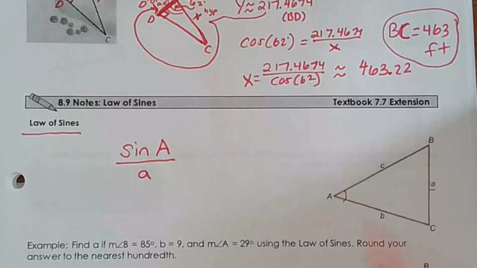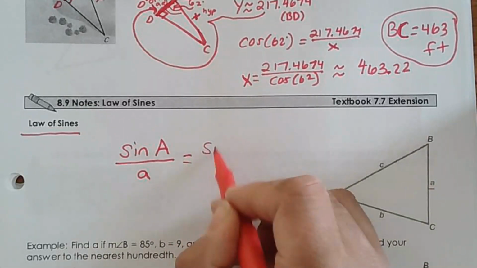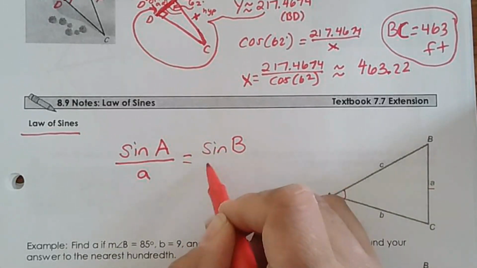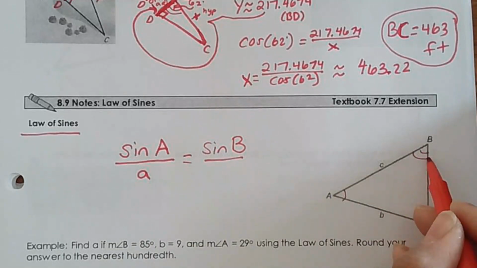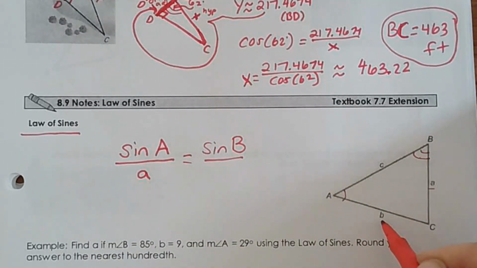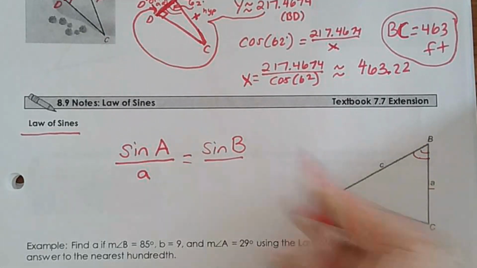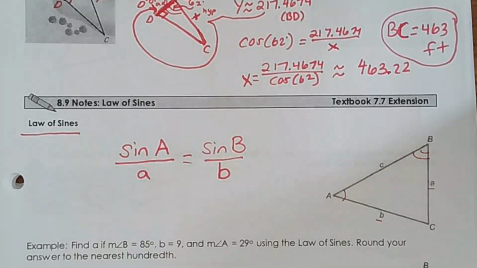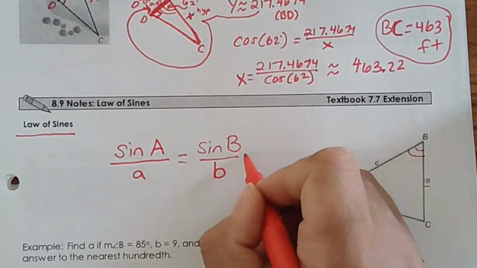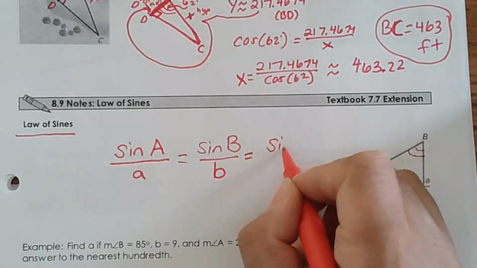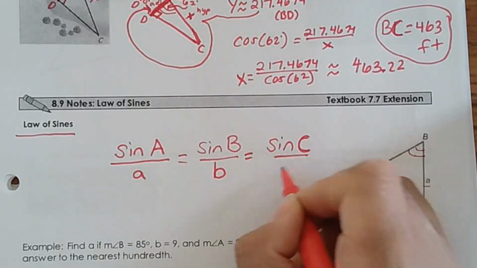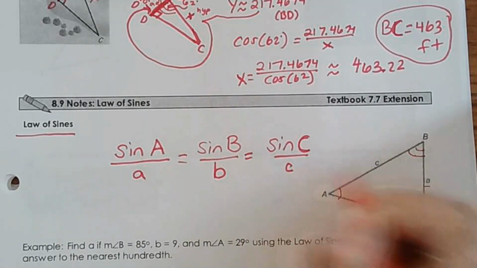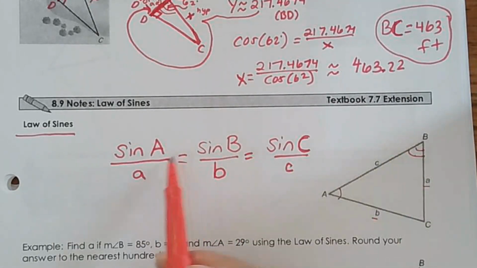Then it's set equal to sine of a capital B, and going across from this capital B, you see a lowercase b for that opposite side. And finally, it does it with the last angle, sine of C divided by lowercase c. Just notice that the capital letters are your angles, and the lowercase letters are your side lengths.